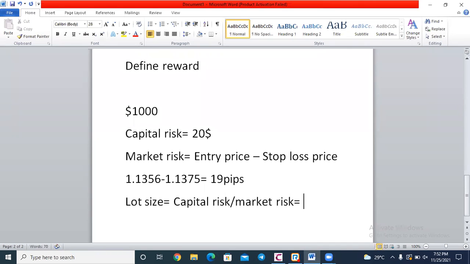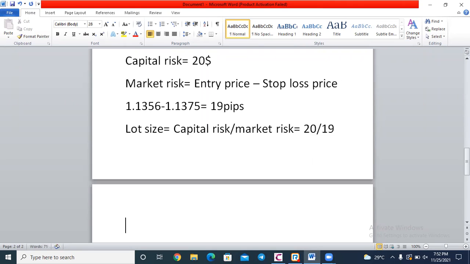So let's divide. The capital risk is 20, divided by 19. So what do we get? 20 divided by 19. If you have a calculator, you can help me out. What do we have?